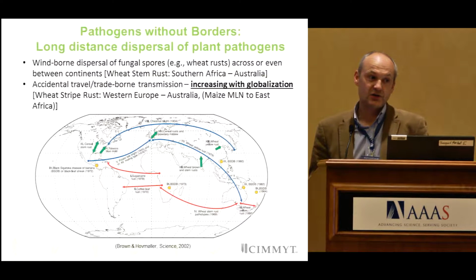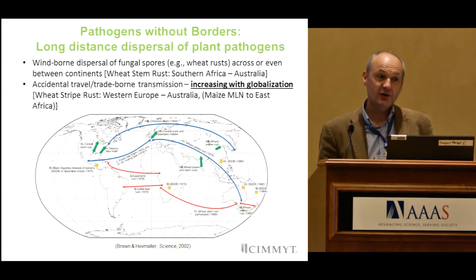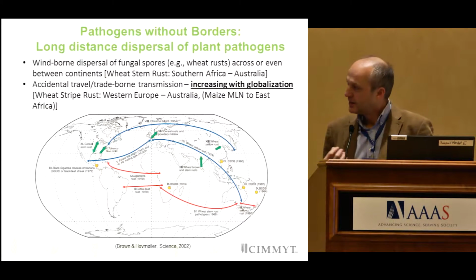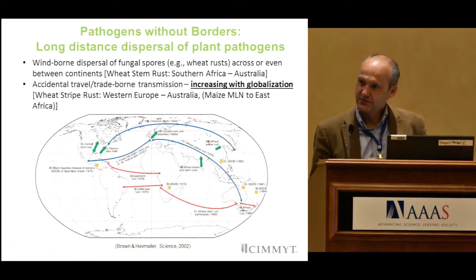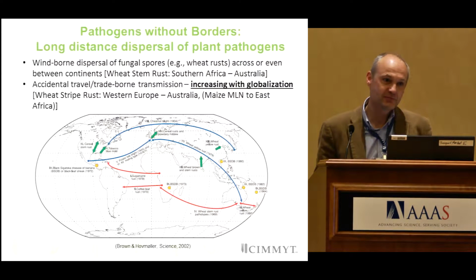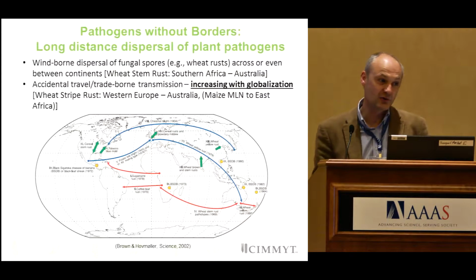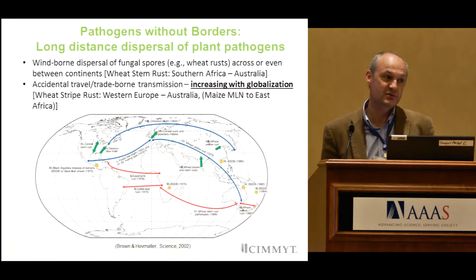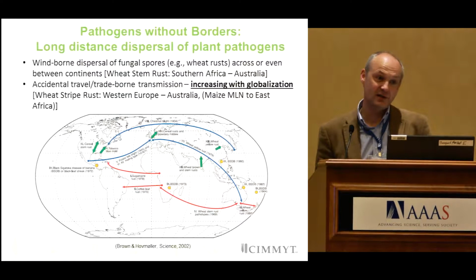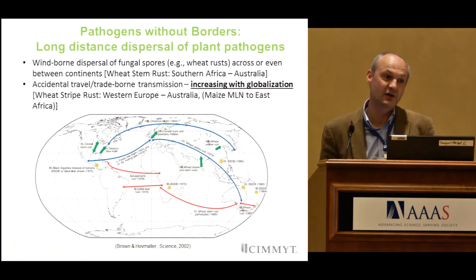That was the introduction of wheat stripe rust, or yellow rust. The evidence suggests it was a farmer who went on holiday to France, and he took back with him an unwanted souvenir. Wheat stripe rust is now one of the major economic diseases in Australia.